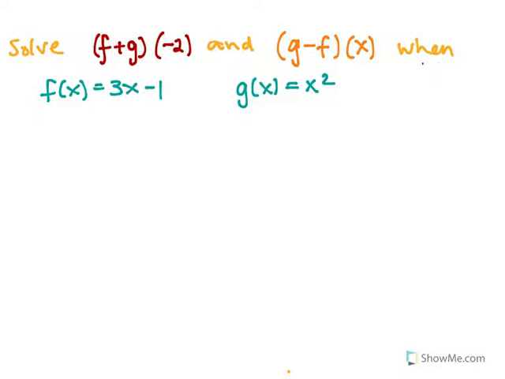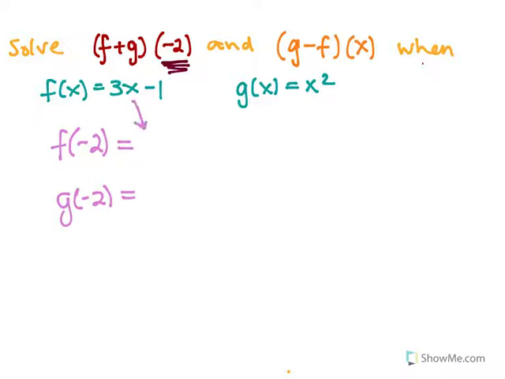This problem does not ask us to find the domain. We're just asked to carry out simple function operations, and they give us two functions here: f(x) equals 3x minus 1 and g(x) equals x squared. When they give us a number, our first step is to separate this so that it's f(negative 2) equals and g(negative 2) equals, and we're going to solve these two functions separately.